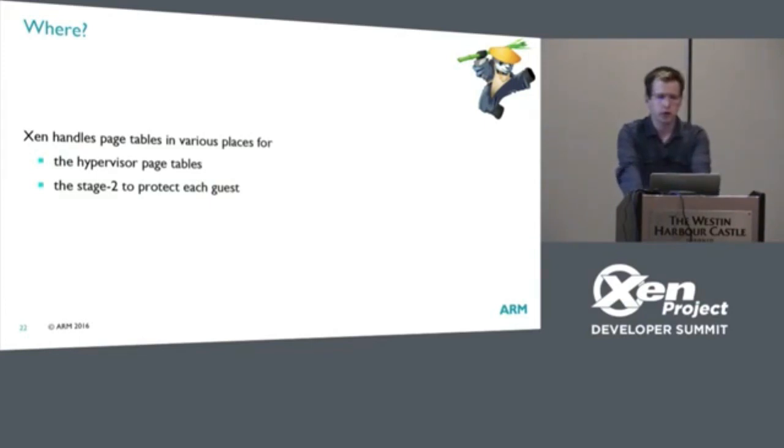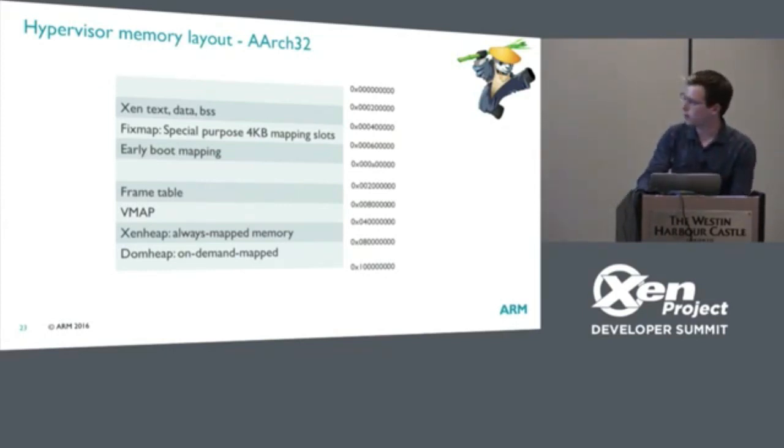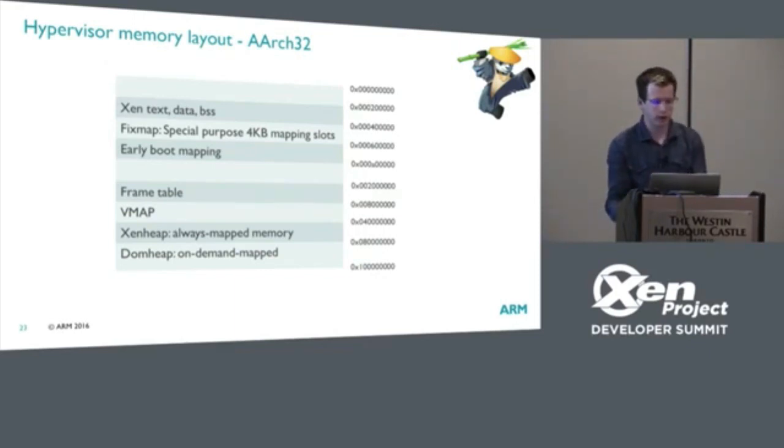In Xen, we use page tables in multiple places: the hypervisor page tables, to handle the memory in Xen, and the stage 2 page tables to protect each guest. Let's start with the hypervisor page table. Here is the layout of the ARM32 page table.